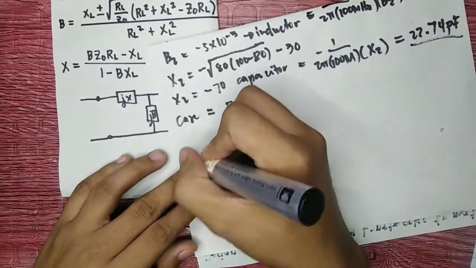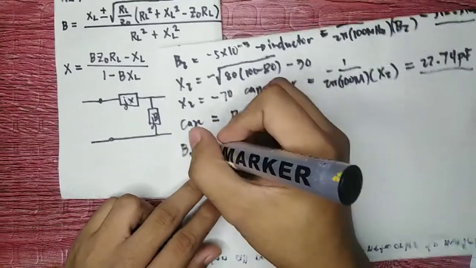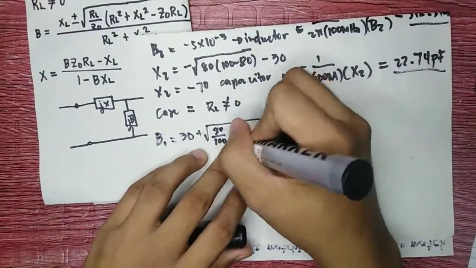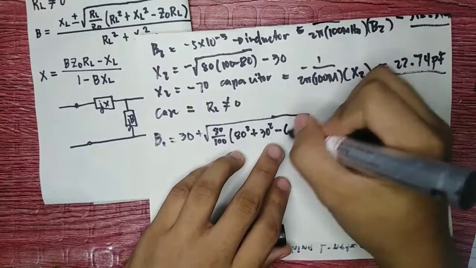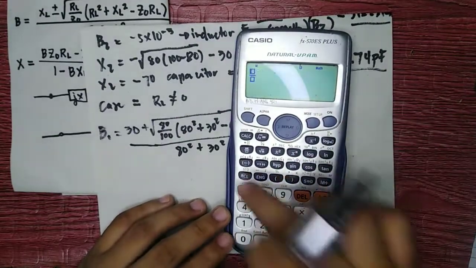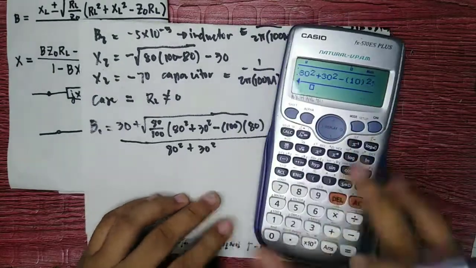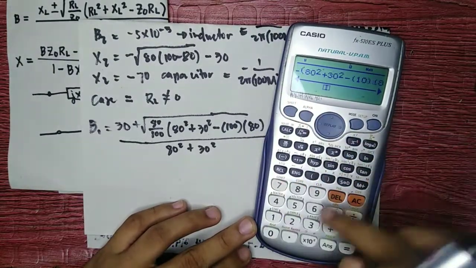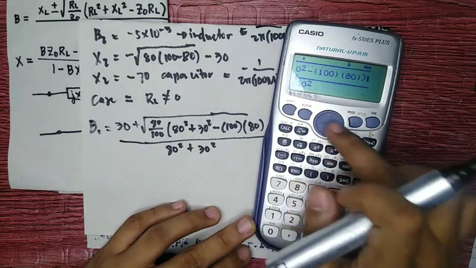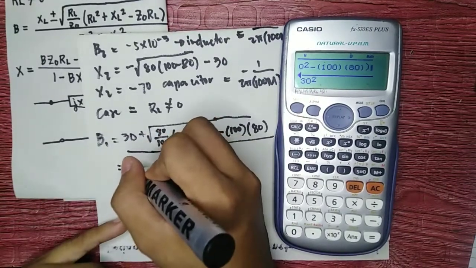So for B1, we have XL 30 plus the square root of RL 80 times ((80 minus ZO) divided by ZO), RL 80 squared plus XL 30 squared, minus 100 times RL 80, divided by RL squared plus XL squared. So math error. So this is infinity.